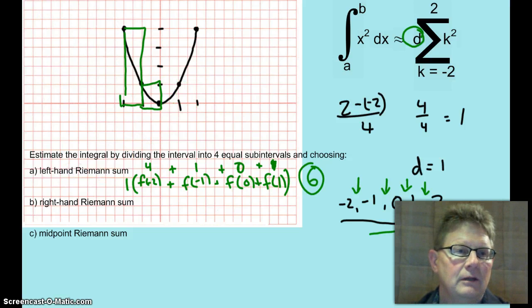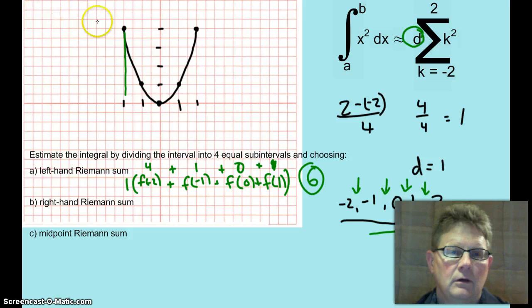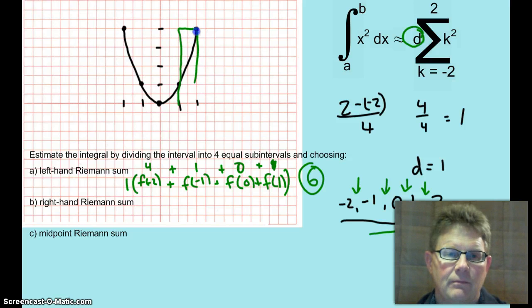The right-hand Riemann sum, we're going from the right-hand direction, so we're going to grab that rectangle, this rectangle right here, this skinny rectangle right here, and then this rectangle right here.